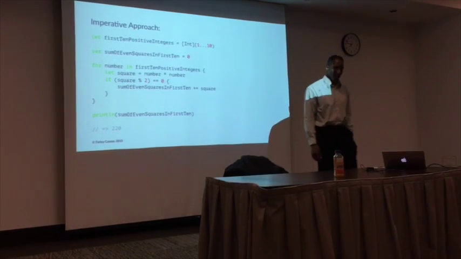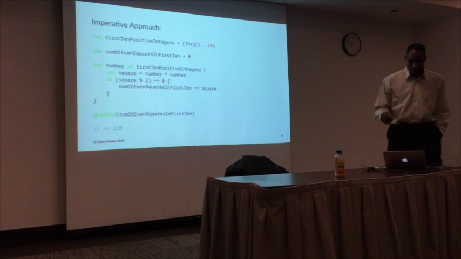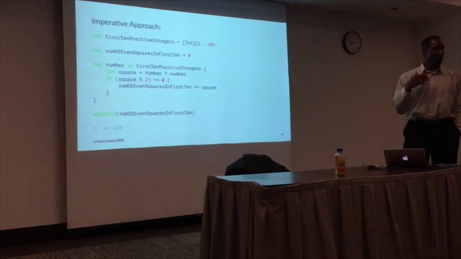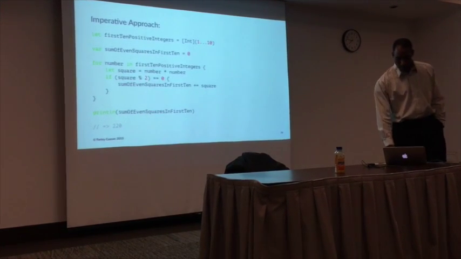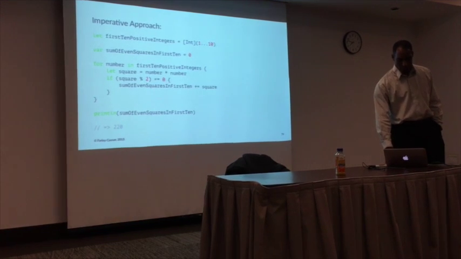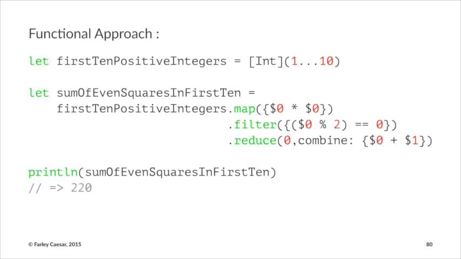So again, it's relatively simple, but as you get more complex loops, I know all of you probably had the case where you're dealing with loops that you're trying to debug to the end of time. Whereas the functional approach says, reduce is just an operation, so you map against it to transform it to the squares, you filter it to keep in the evens, and then you say reduce.